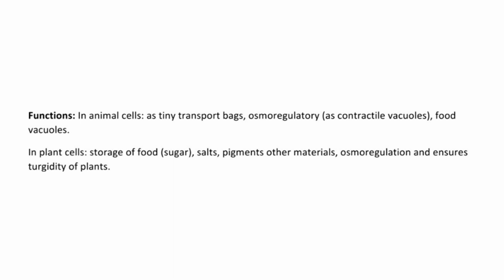Now, in plants, the vacuoles store substances. The vacuoles will store a lot of food, sugars, water, etc. In plants, vacuoles are very, very important. The vacuoles store water. The vacuoles make the cells turgid, firm, in plants.